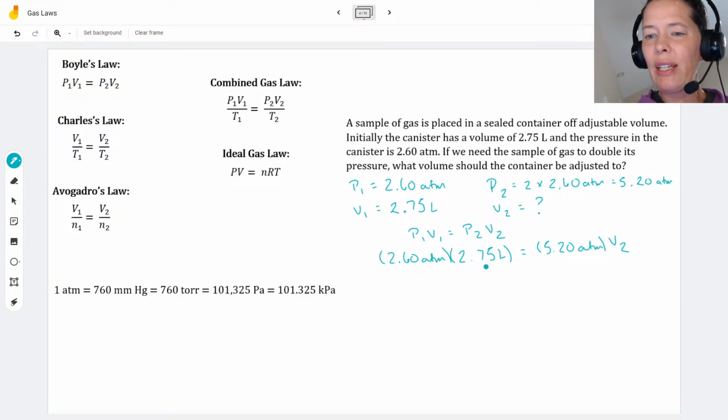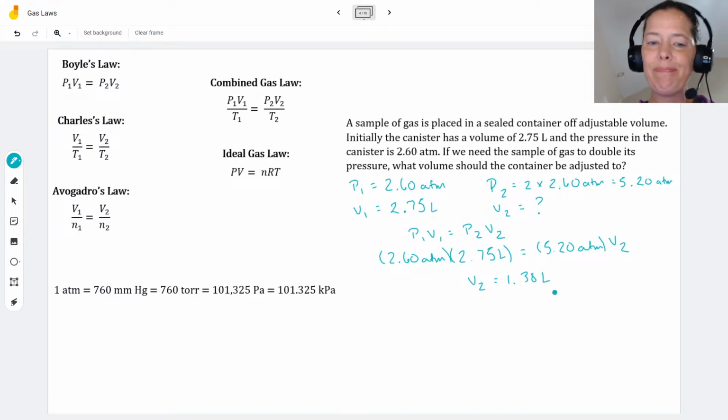Again, I'm double checking to make sure my units match and everything looks good. And so my V2 is simply 1.38 liters. All right, so hopefully you're seeing that these are pretty easy once you get the hang of finding what's changing, what's not changing, and what your equations are, and then making sure your units match. These should start to move along pretty easily.